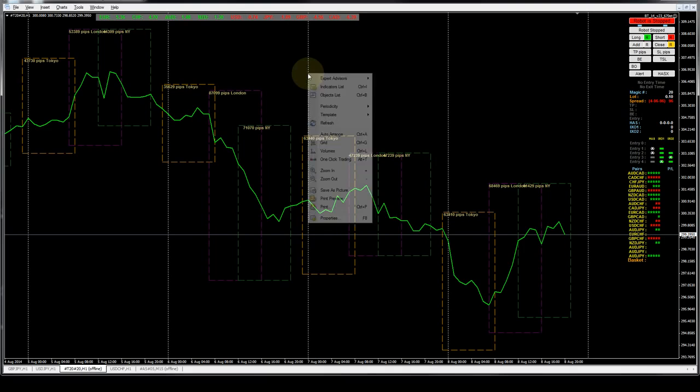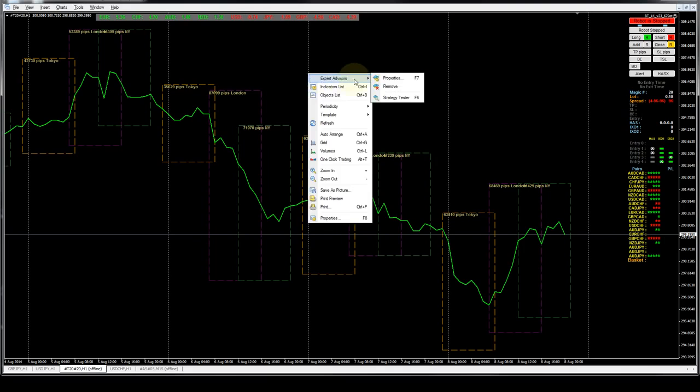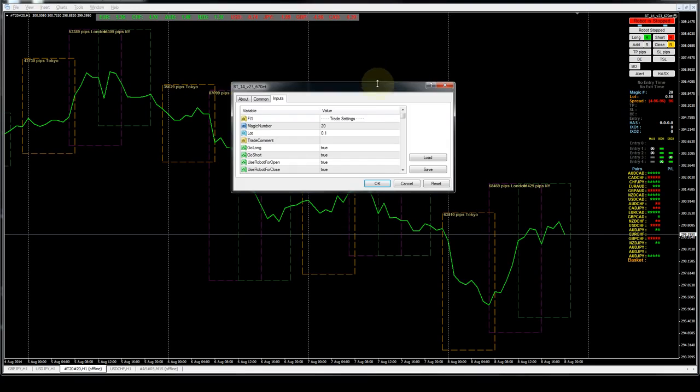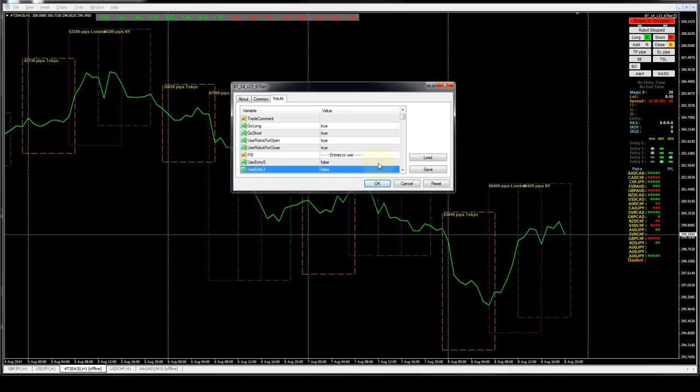So if we open up the properties here, as you can see, none of this has changed. This is still all the same. Now what we have added is an entry filter setting, which we call the use trade times for entry, and I'll show you what those are in a minute.